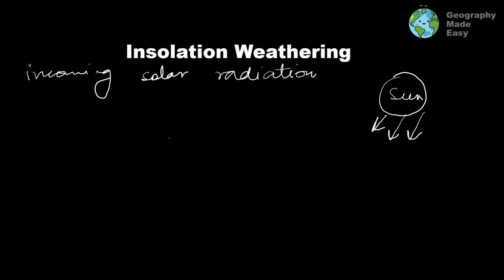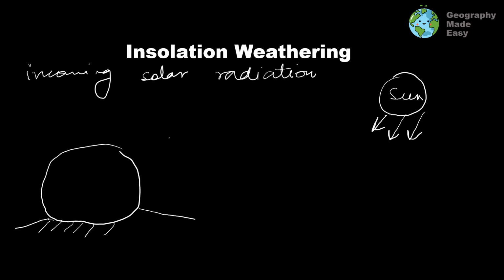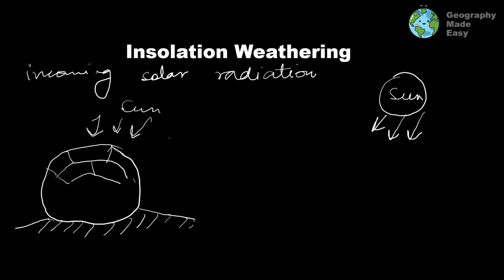So sunlight, when it is falling on a rock surface, so this is a rock, and we know in the rocks there are cracks and joints which are normally occurring. So what happens is when the sun is shining on this rock, the outer surface of the rock is becoming hot and it is expanding.